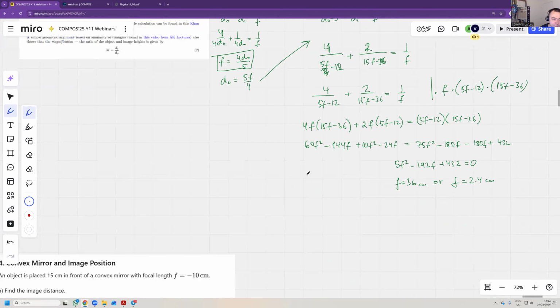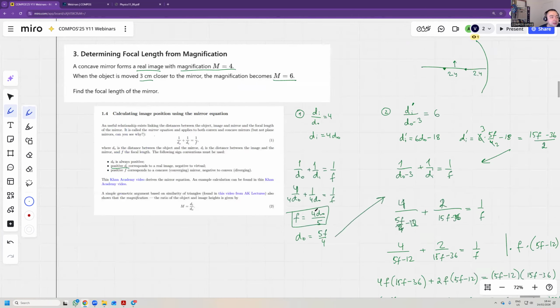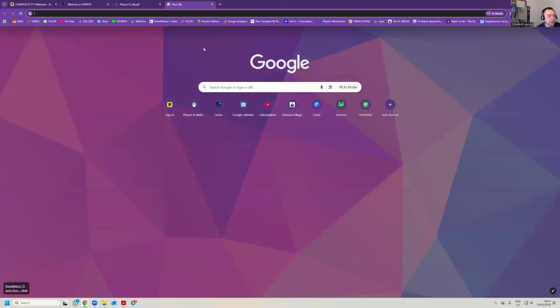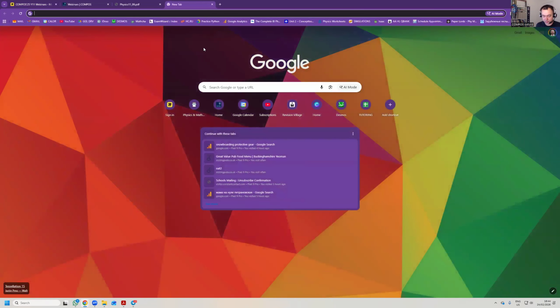So, answer. Okay, I'm not convinced. 36 centimeters, f. I'm not convinced that 2.4 is not a valid solution. Let's check if we can actually do the experiment.